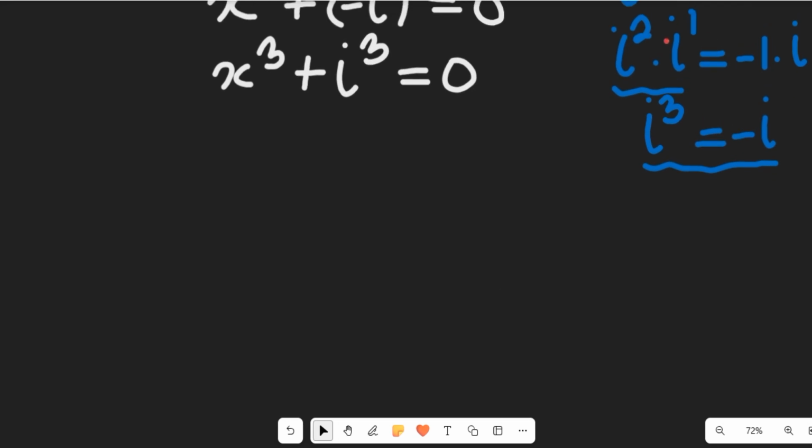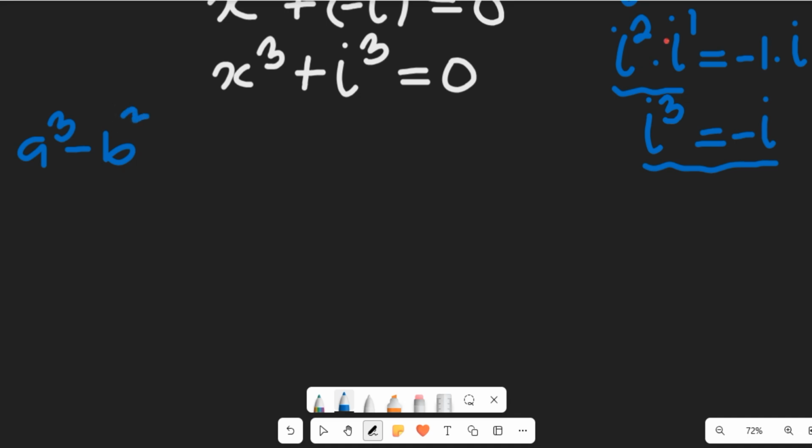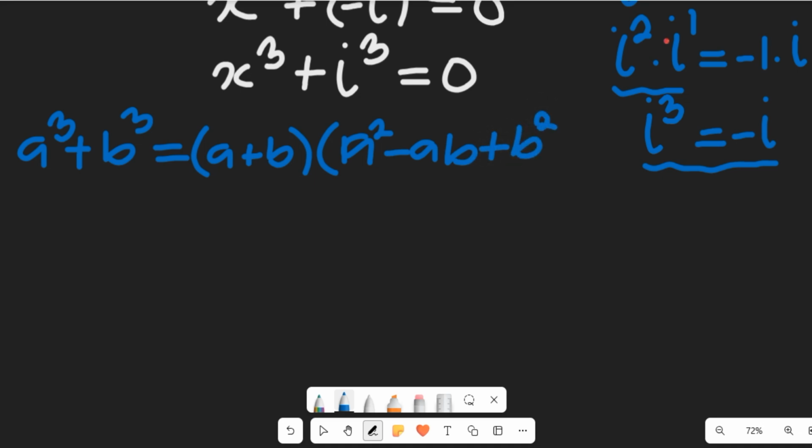Now this expression looks the same as the algebraic expression a to the power of 3 plus b to the power of 3, and this gives us a plus b, multiplying a squared minus ab plus b squared.